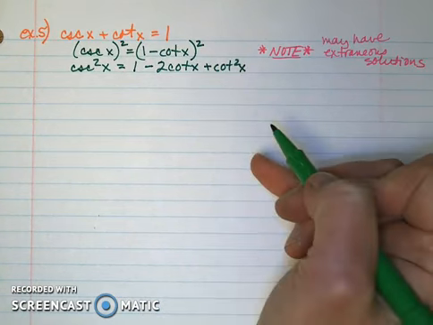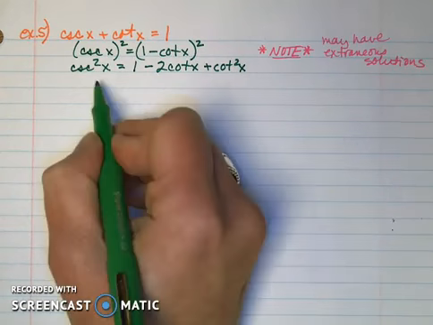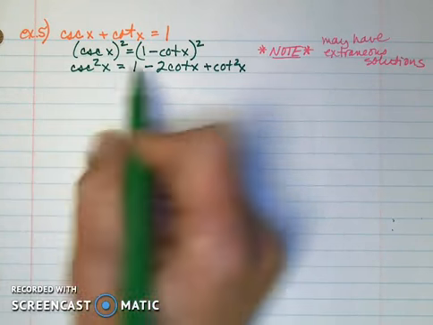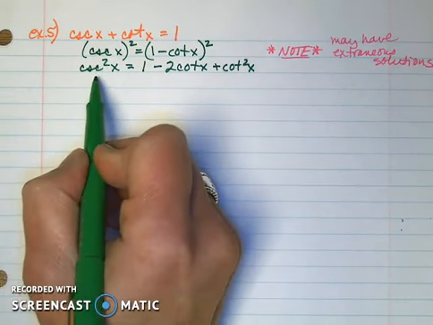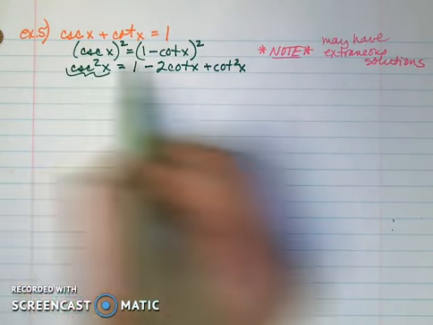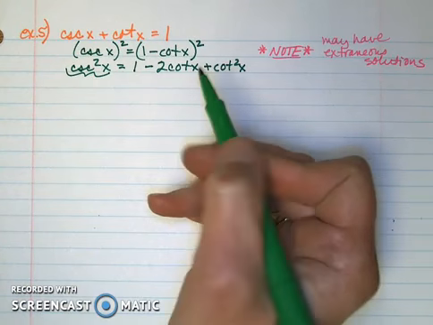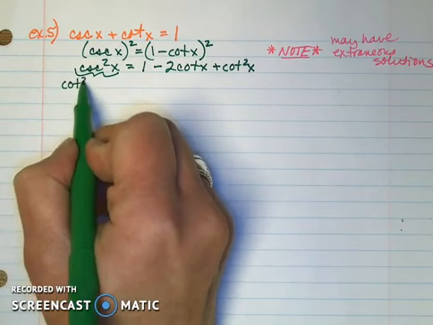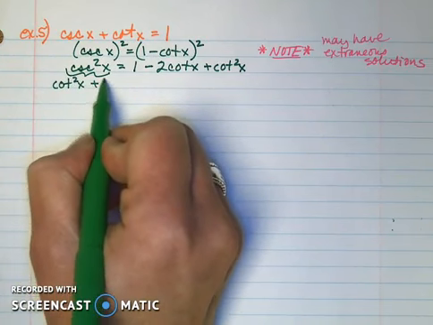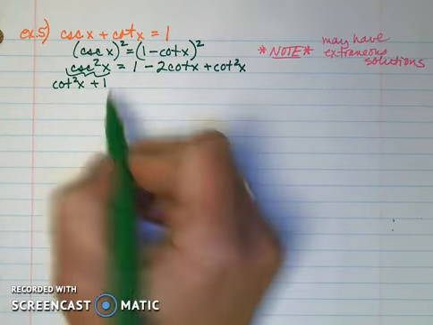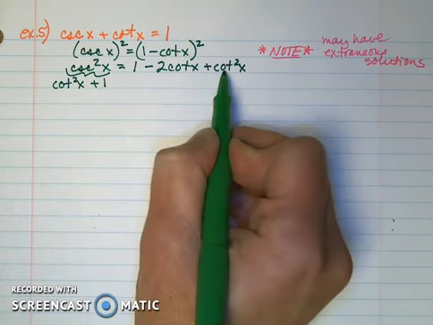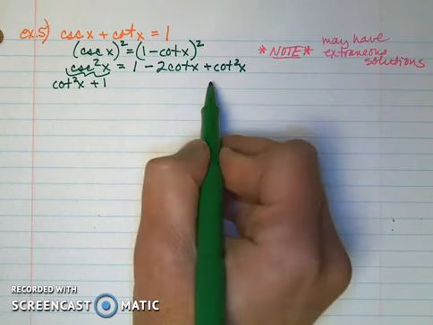Now I'm going to rewrite cosecant squared x as our identity, which is cotangent squared x plus 1, right? Equals this product over here.